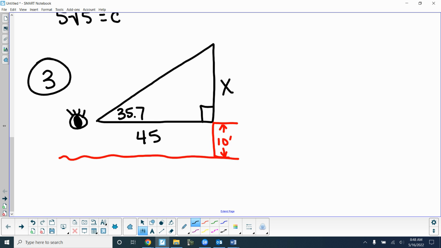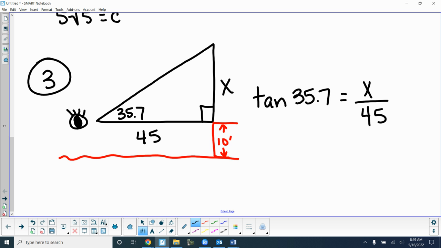You understand that? Okay. So, here's my angle. X is which side compared to this angle? Opposite. 45 feet away is what side? Adjacent. Opposite, adjacent. TOA. Right? So my equation is tangent of our angle equals opposite side over adjacent side.